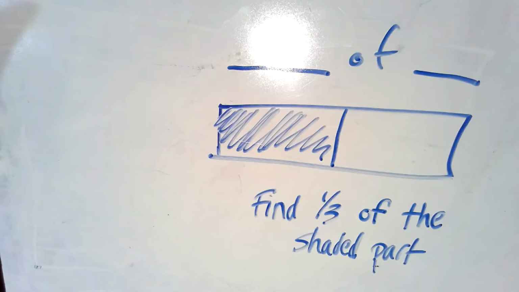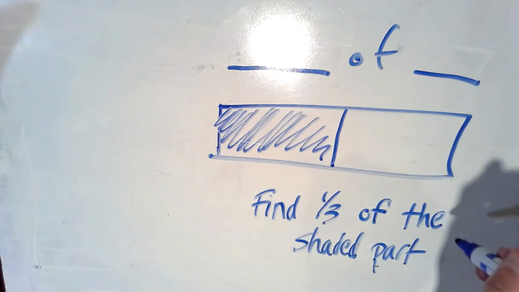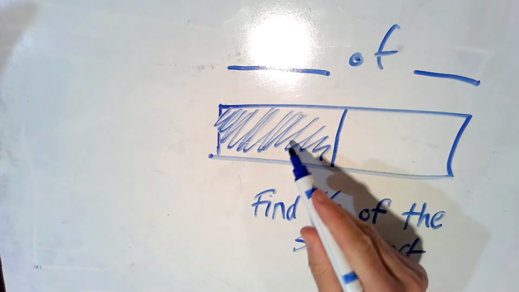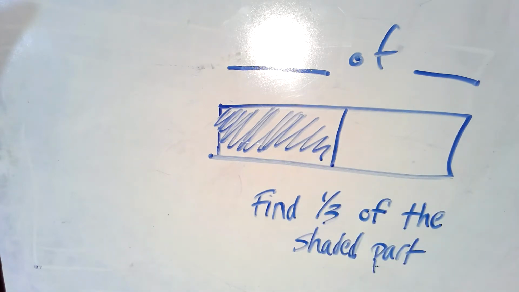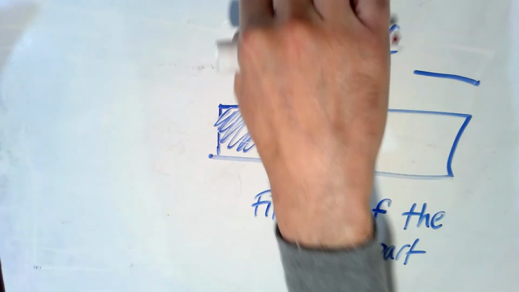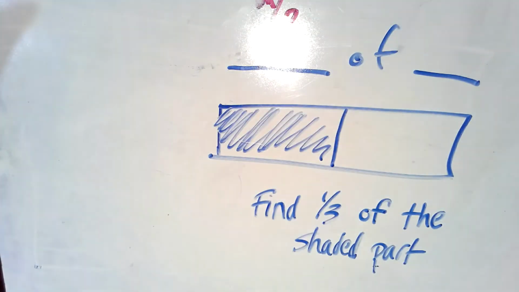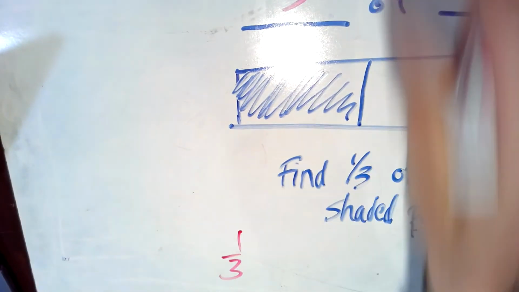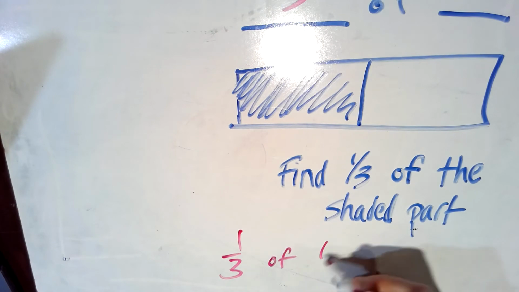Let's look at a problem that is similar to what we were working on. Here we see a fraction bar, and we can clearly see that half of it is shaded. Here the question says, find 1/3 of that shaded part. So I'm going to find 1/3 of 1/2, because clearly half of it is shaded in, right?